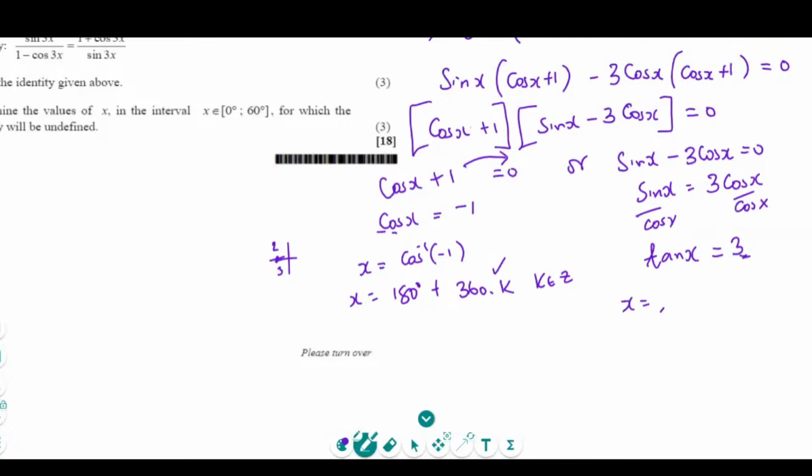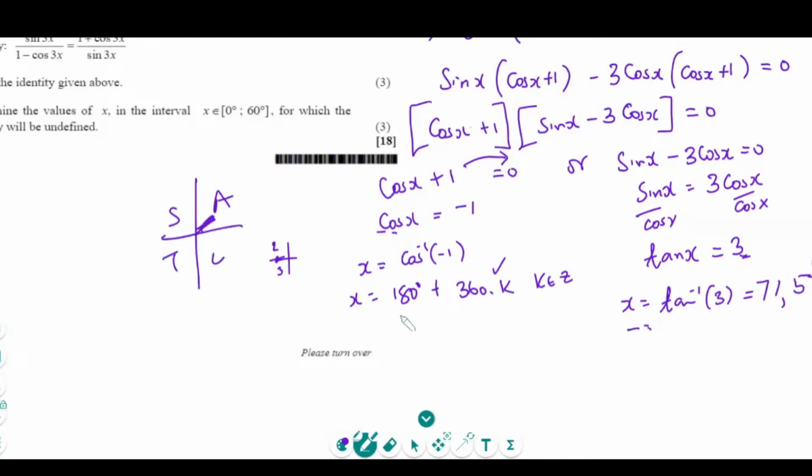So x is going to be the shift tan of 3. This reference angle, shift tan of 3, is 71,57 degrees. So this 71 from our CAST diagram is within quadrant number 1.